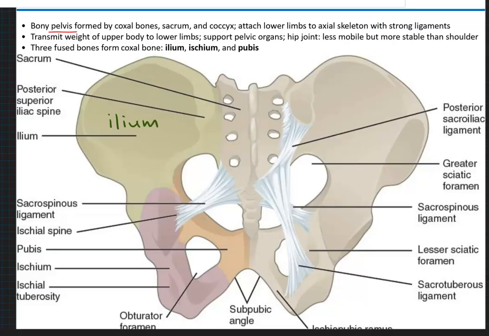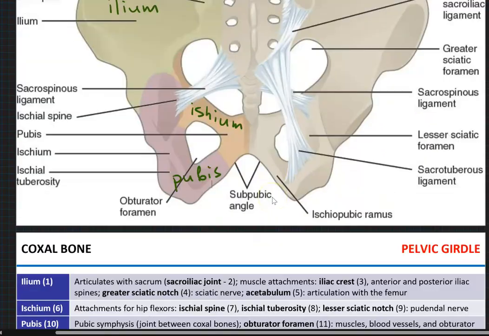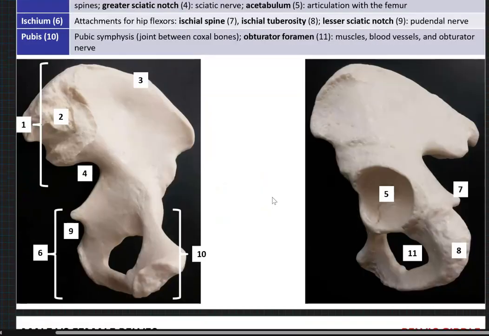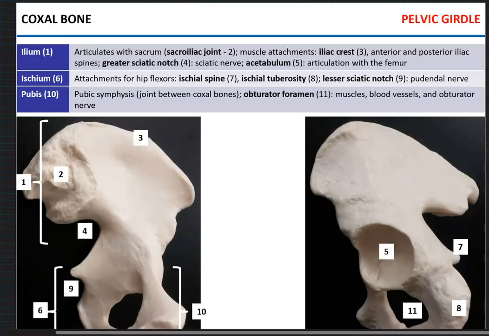Ilium, ischium in the back, and pubis in front. So when you start looking at the coxal bone, you can notice some elements worth knowing.